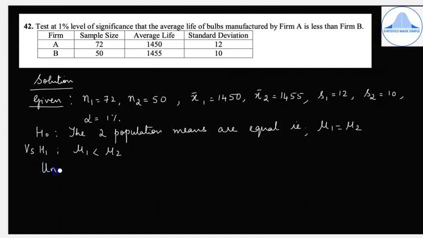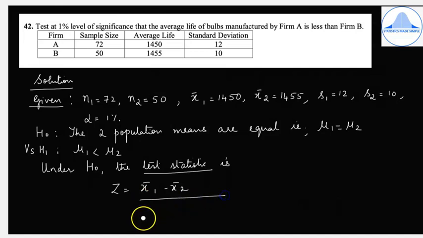Next, let us write down the test statistic for this particular test. So under H0, the test statistic is Z equal to x bar 1 minus x bar 2 divided by root of s1 square divided by n1 plus s2 square divided by n2, which follows normal 0, 1.